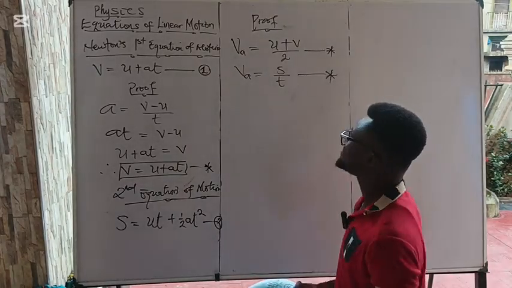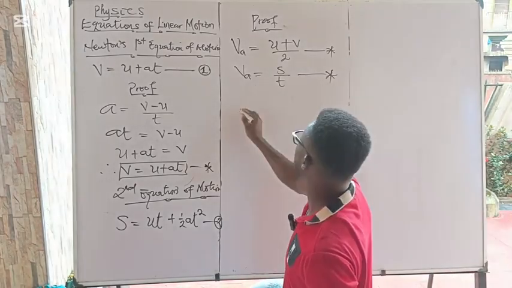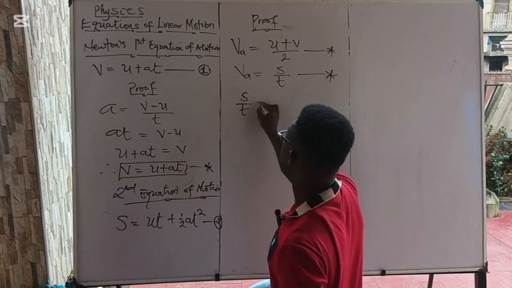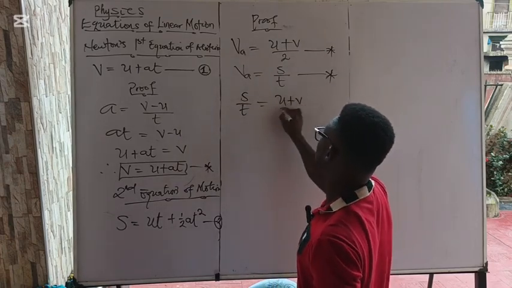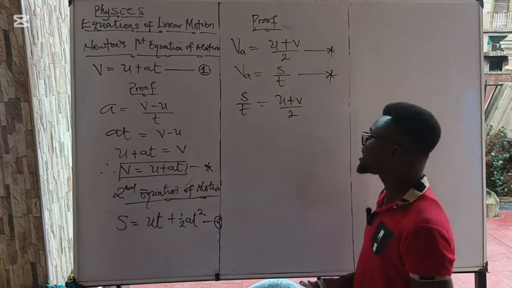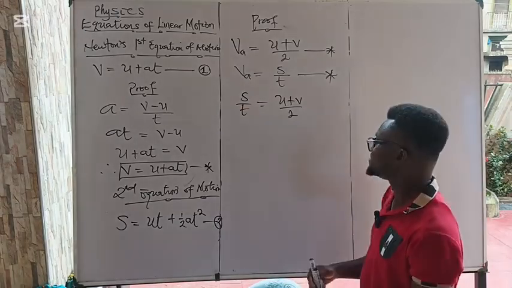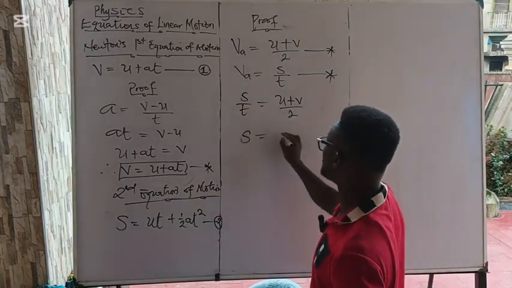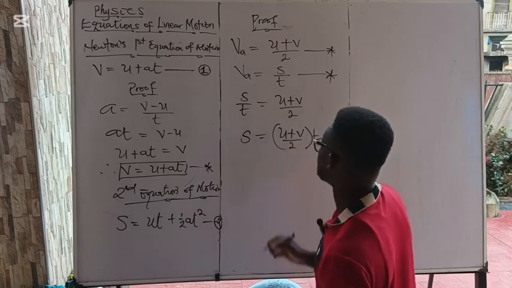Now, if you combine the two equations, we are going to have total distance over time equal to U plus V over 2. Make S the subject by multiplying both sides by T. You have S equal to U plus V over 2 times T.